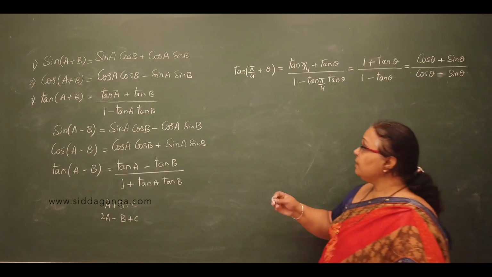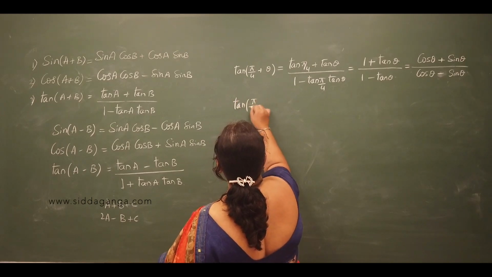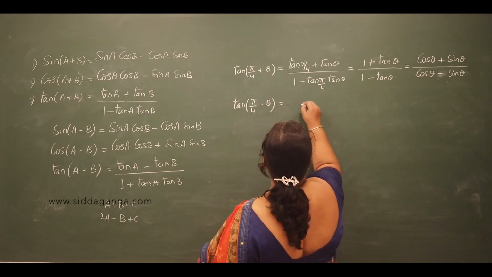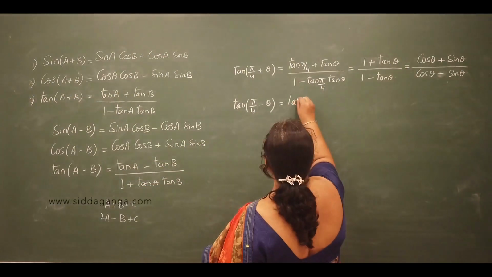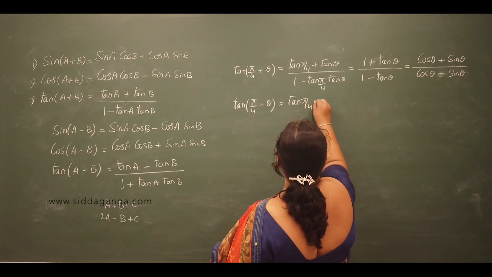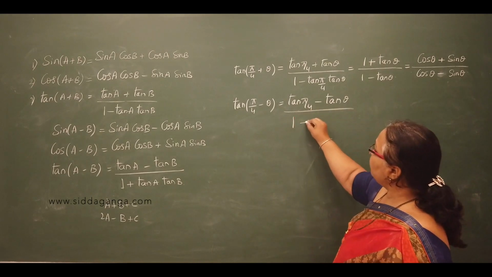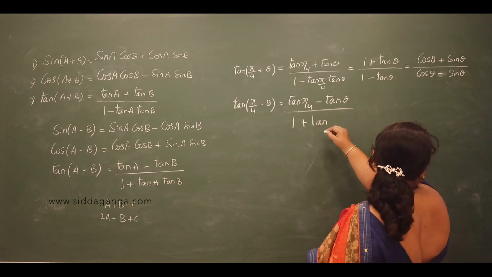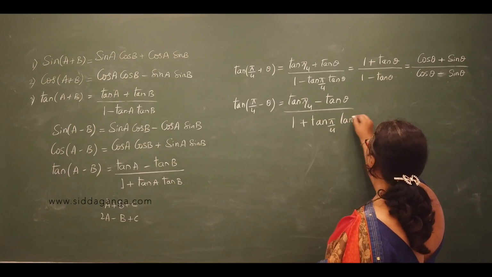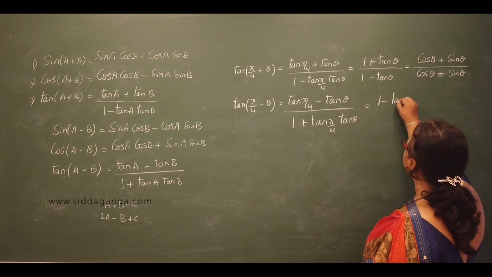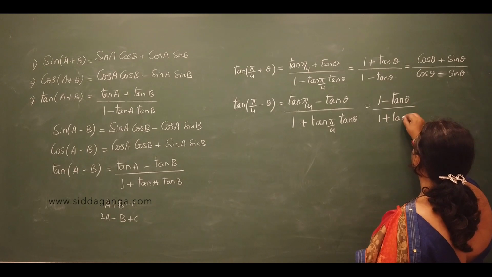Next, tan of pi by 4 minus theta. This is equal to, again using the formula tan of A minus B, tan pi by 4 minus tan theta divided by 1 plus tan pi by 4 into tan theta, that is equal to 1 minus tan theta divided by 1 plus tan theta.